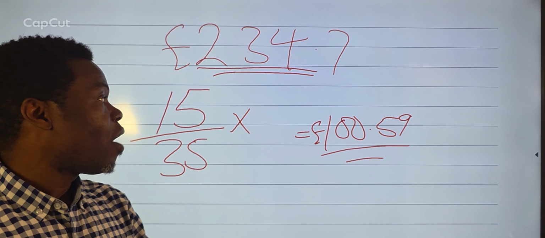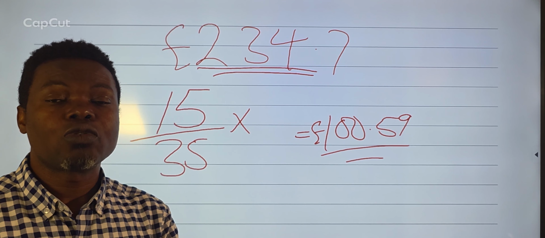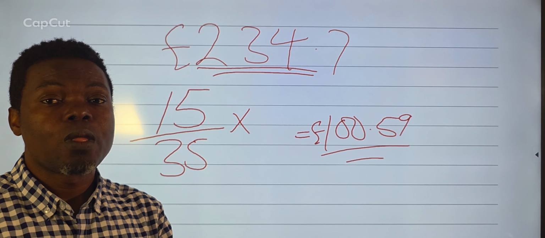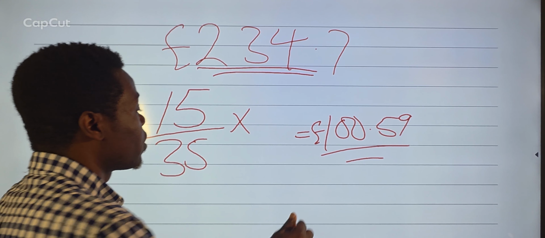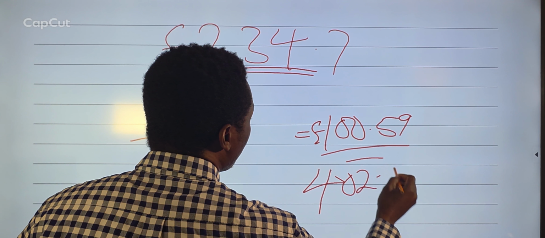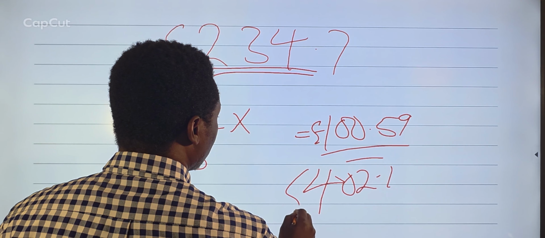When you multiply 100.59 pounds by 4, you are going to have about 402 point something pounds. That is, you have for a month 402 point, let's just say, 1 pounds.